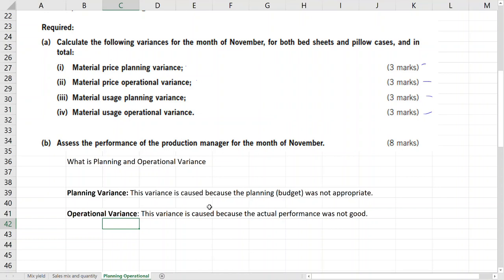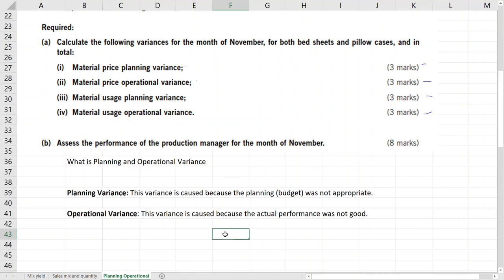So the planning variance is the part where the budget was wrong. Let's say there was a variance of $4,000. $1,000 of the difference is because the budget was not correct. That would be called planning variance. If I talk about material price, then operational variance is the actual performance. This variance is caused because the actual performance was not good.